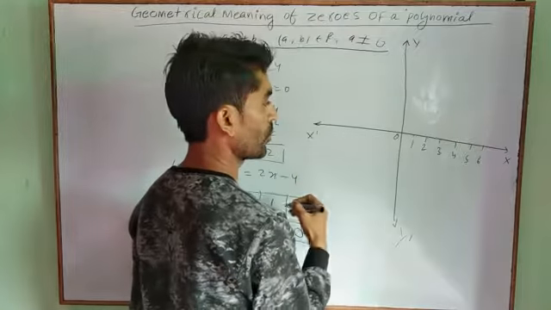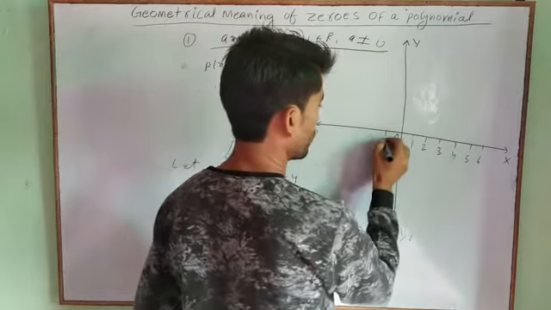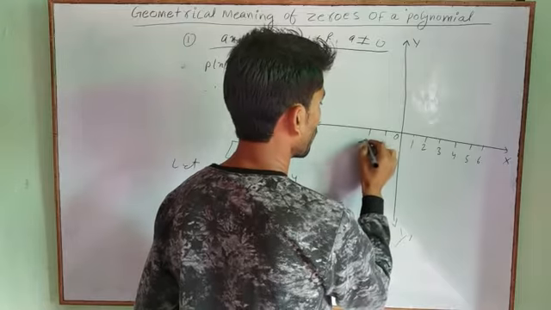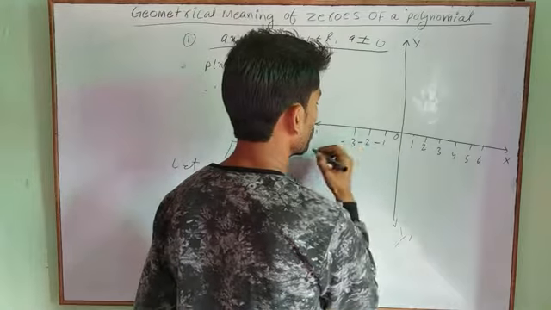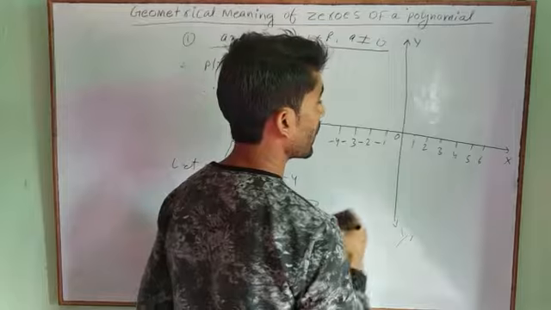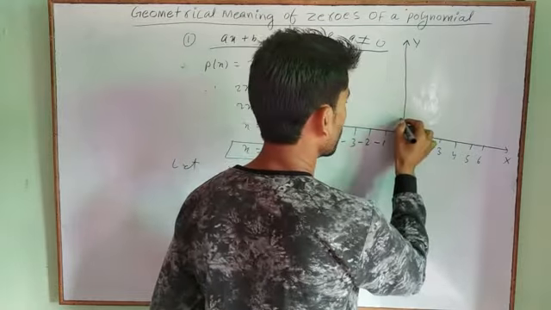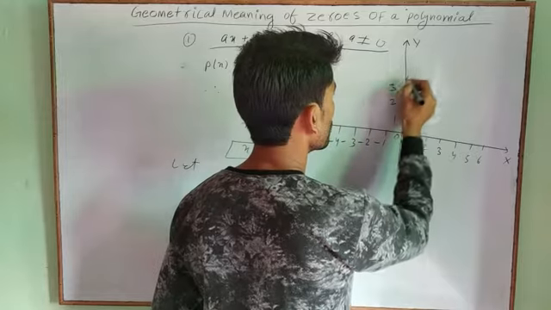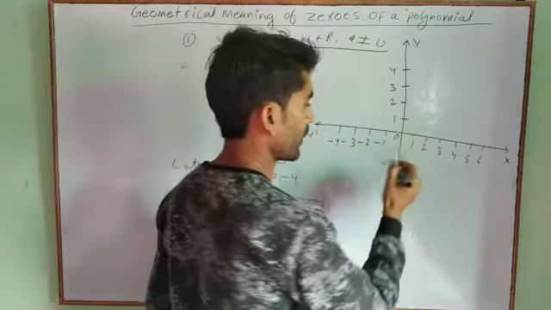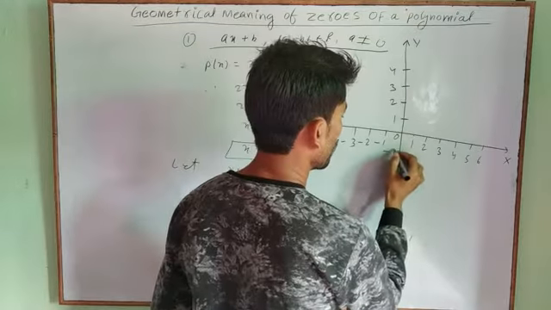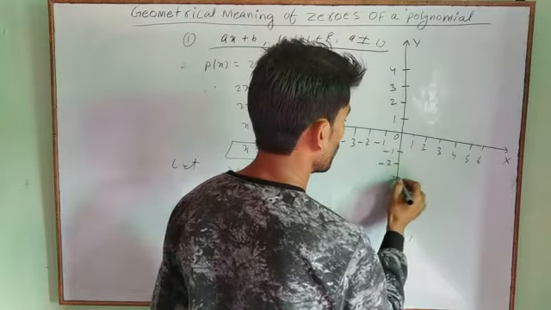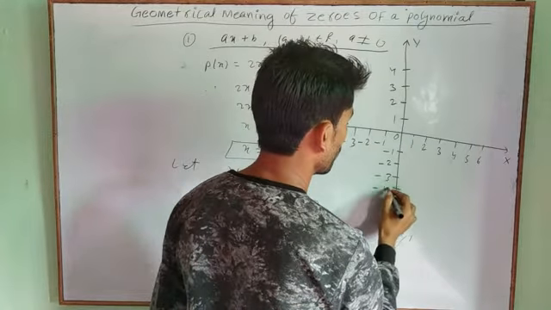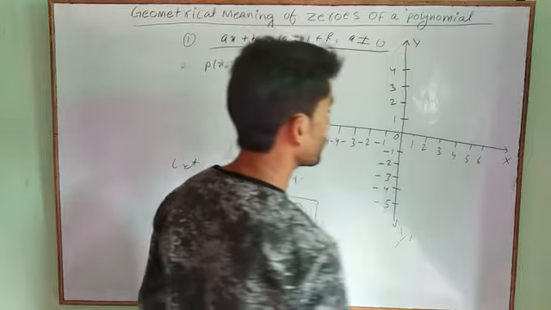And left of the 0 on x-axis, we take negative values, minus 1, minus 2, minus 3, minus 4, right? And upside, we take positive values of y, 1, 2, 3, 4. And downward, we take negative values of y, minus 1, minus 2, minus 3, minus 4, minus 5, right?